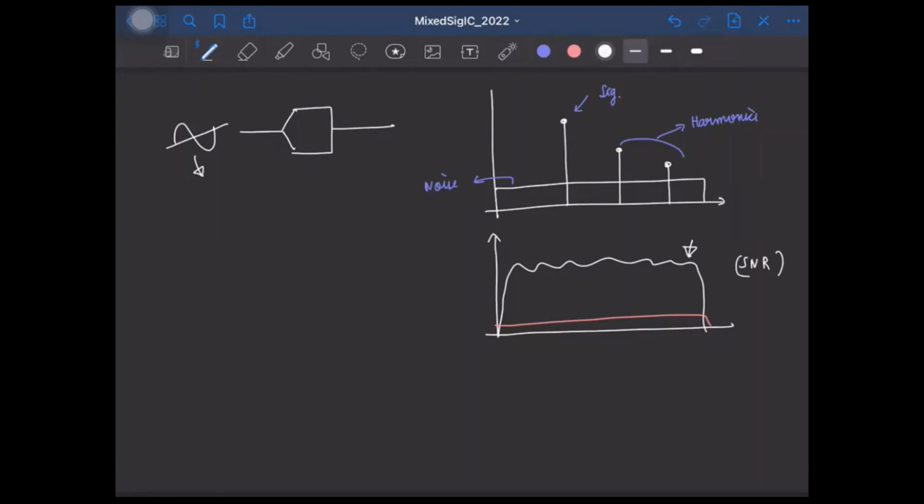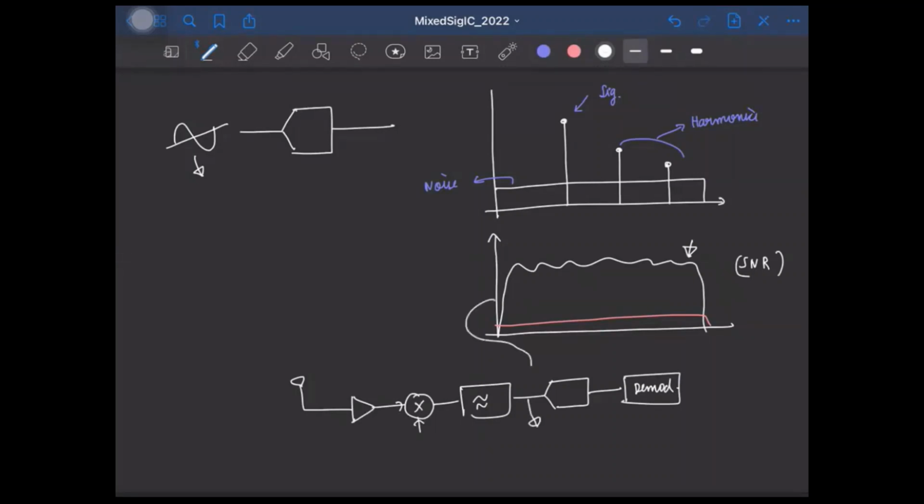And in practice, let us say you are using this ADC in a wireless receiver. So you will have something like this, right? Antenna, some amplifier, some mixer, some filtering, and then you give it to the ADC, and then you do some demodulation in digital, right? And in such a real system, the input to the ADC will not be a sinusoidal signal. It will be some modulated signal like this, right?